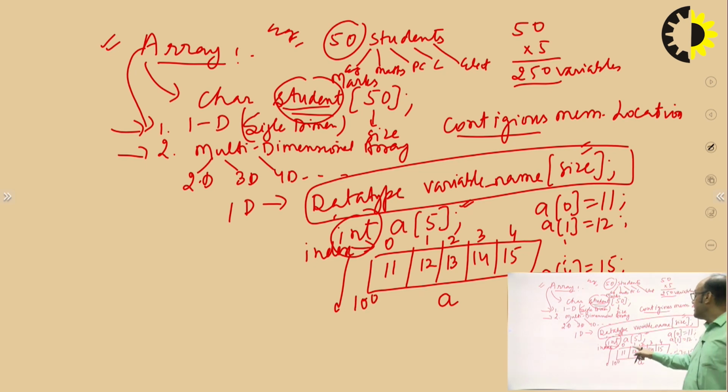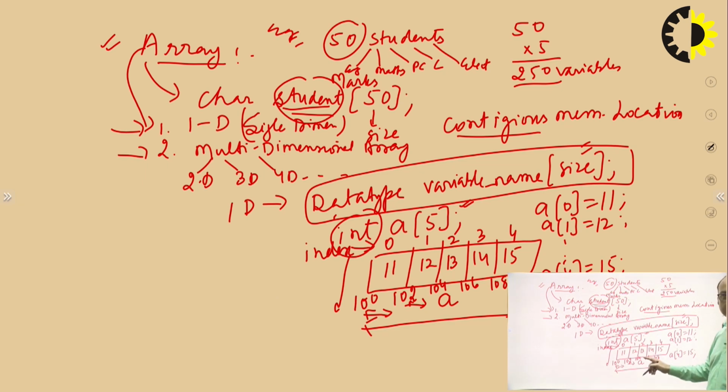Then what will be the next position of the element? 102, since this will take 2 bytes as the data type is integer. Again this will take 2 bytes: 104, 106, 108.